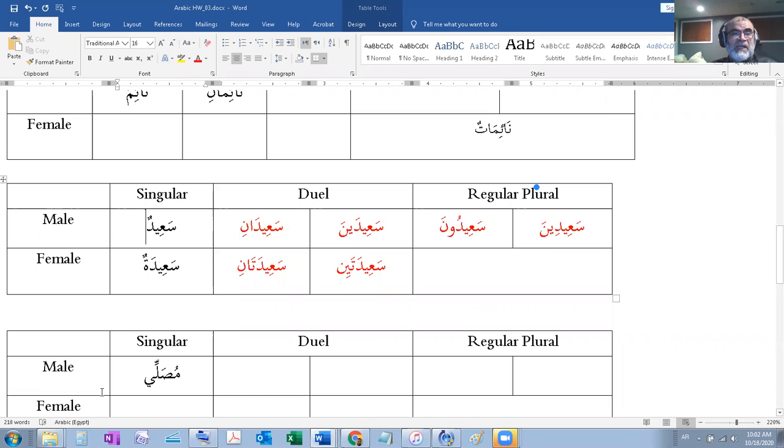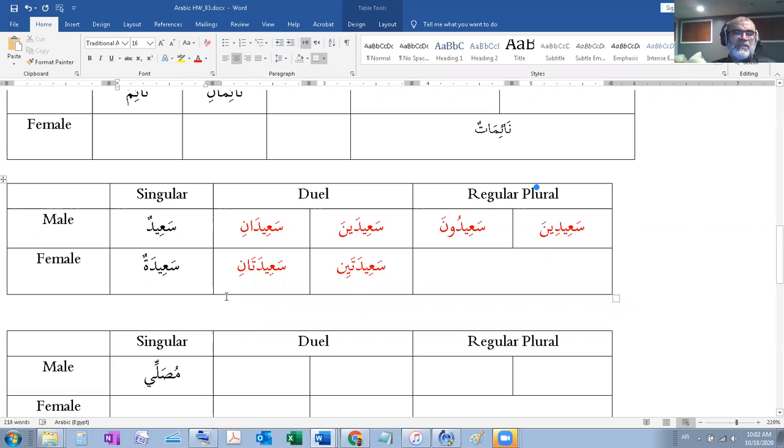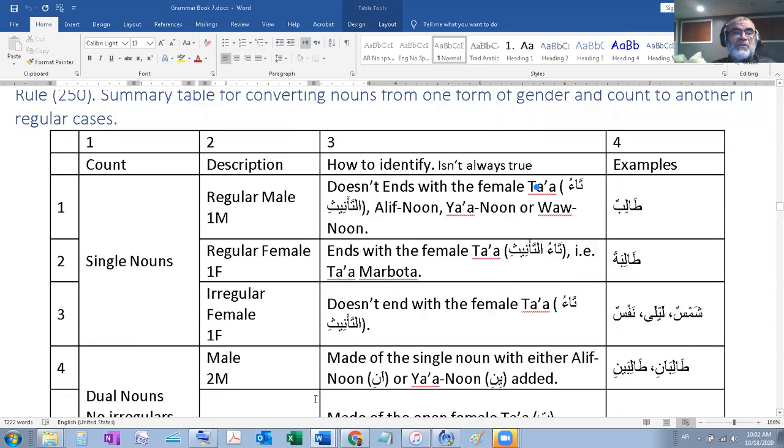How come sarf is allowed for this? Because when we go over the list of sarf, this is not part of the homework. This is just emphasizing, giving you an example of what we have worked with before. We explained last time, which is the issue of the sarf.